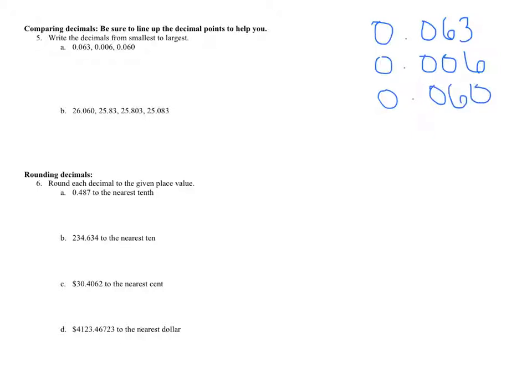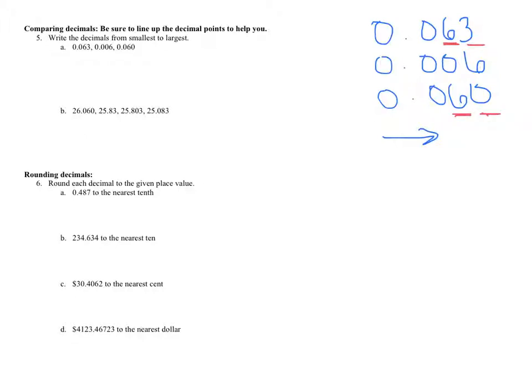Now the largest one of these will have the largest number in the first place value working from left to right. So I see either my top one with the 6 or the bottom one with the 6 would be the largest. Then I go to the next digit over and I see the 3 is bigger than the 0.